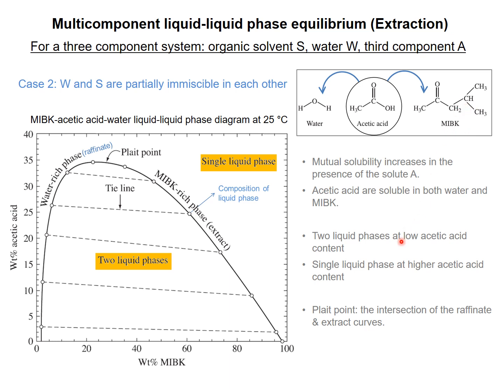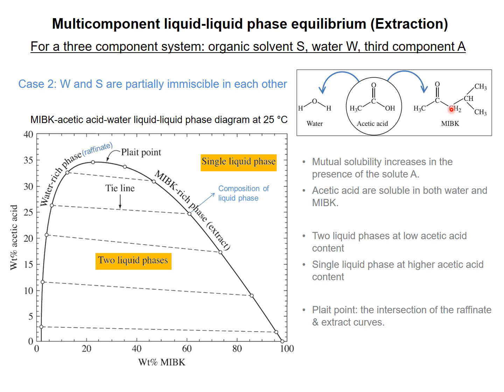Therefore, at low acetic acid content, we have two liquid phases. I mean, water is not miscible with MIBK at a low concentration of acetic acid. However, as the concentration of acetic acid increases, water becomes miscible with MIBK.